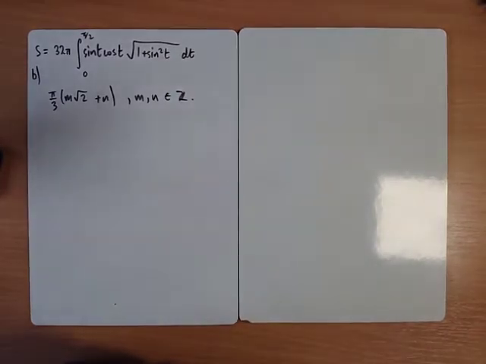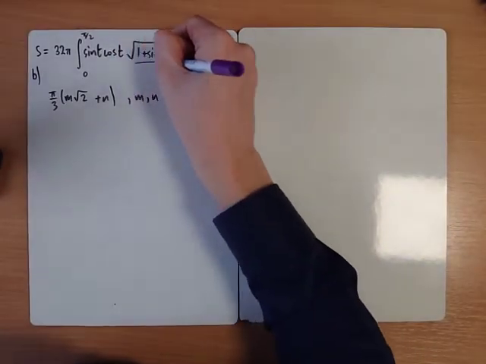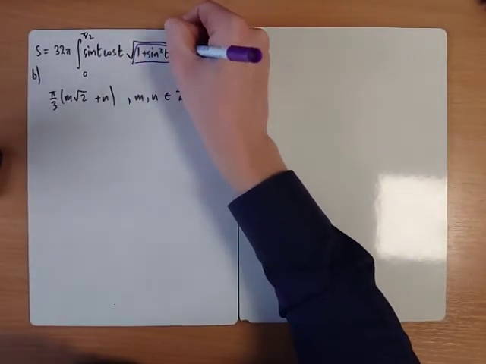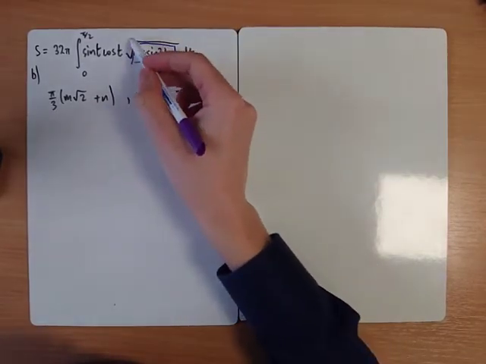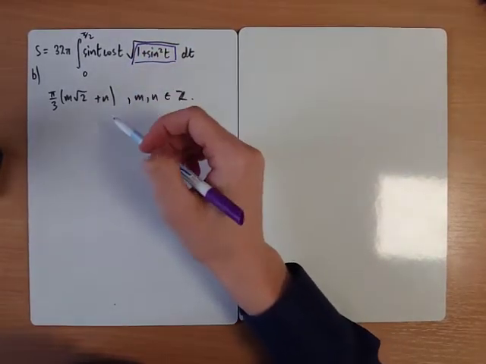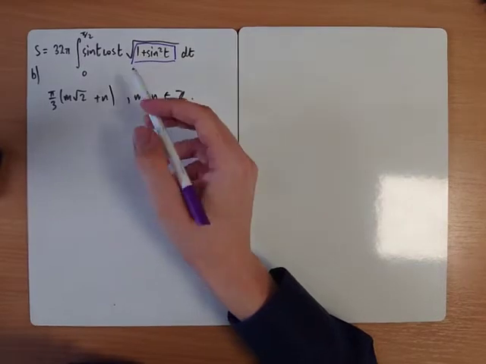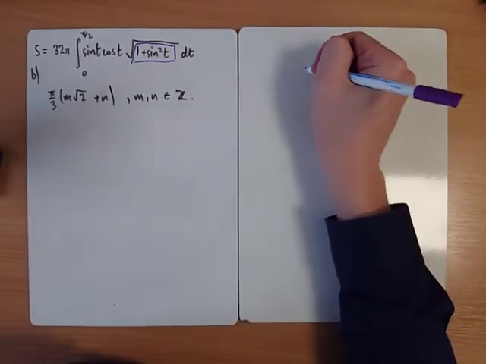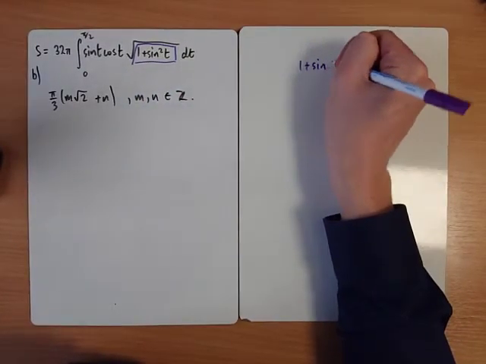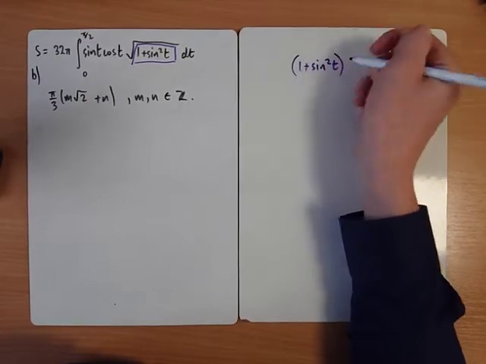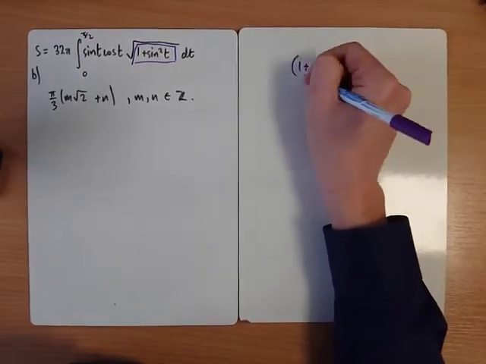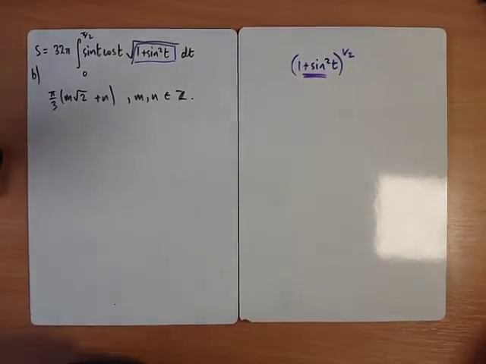It comes down to spotting that this function inside the other function is where the problem lies. That's non-linear, isn't it? What we've essentially got is 1 plus sine squared t to the power of a half. And that's where most of the substitutions lie, when there's a function inside another function.